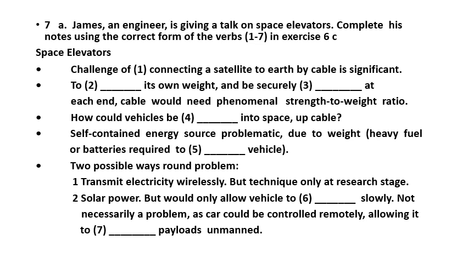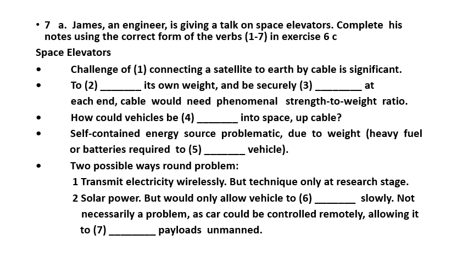Then we are going to use the words or verbs we have just explained or defined or illustrated, or whose meanings we know, to complete this extraction. In exercise 7a, James, an engineer, is giving a talk on space elevators.